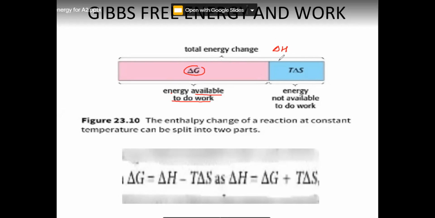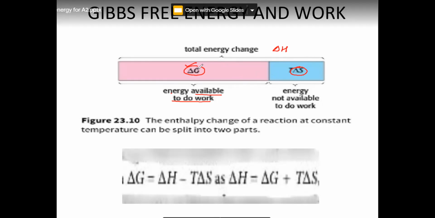The remaining part, which is not available for doing work, is basically used for creating a disorder in the surrounding. That is your entropy change, delta S.